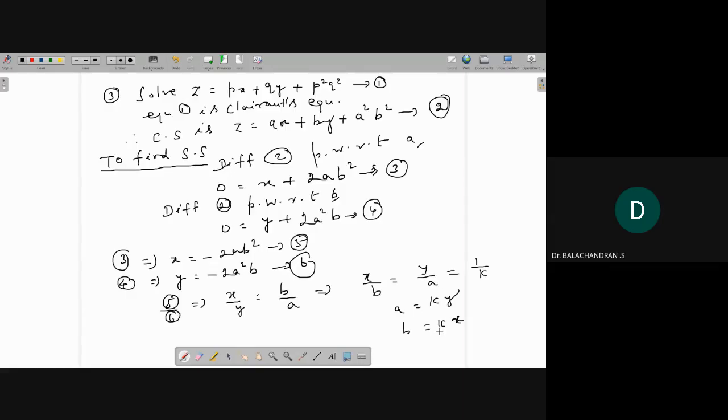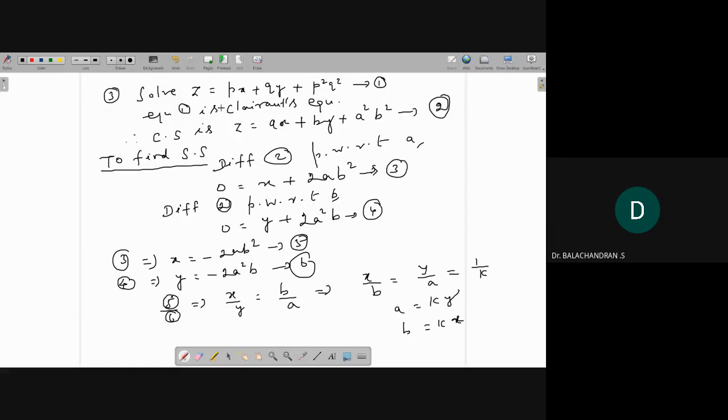Once you find the value of k in terms of x and y, you should substitute the value of k here and here. Then you can get the value of a and b in terms of x and y. And then finally, you should substitute the value of a and b in equation 2. So that is the remaining process I explained to you. So now our aim is to find the value of k using either equation 5 or equation 6.